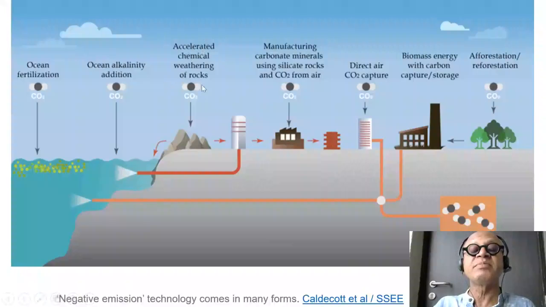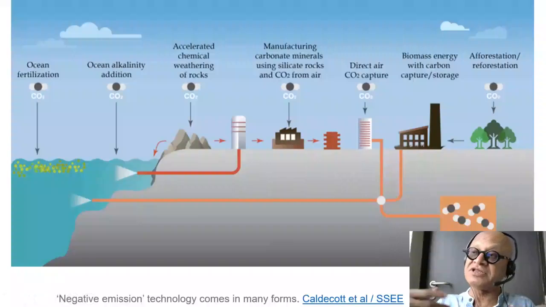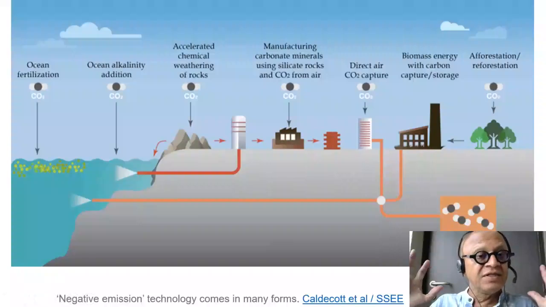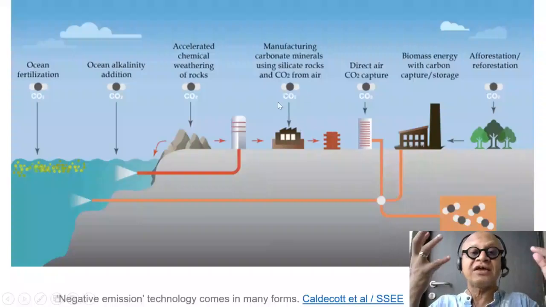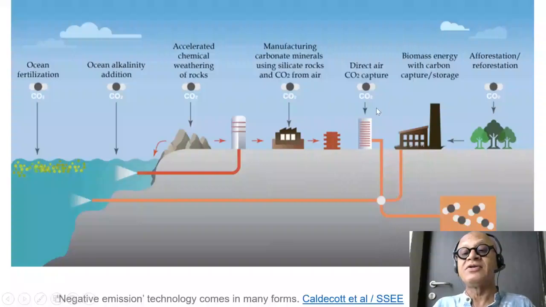There are methods by which you can accelerate weathering, like grinding them up and sprinkling them. Again, not demonstrated at scale yet. Manufacturing carbonate minerals using silicate rocks and CO2 from the air, so you take out CO2 that way. Direct CO2 capture, which is already being attempted in several places.